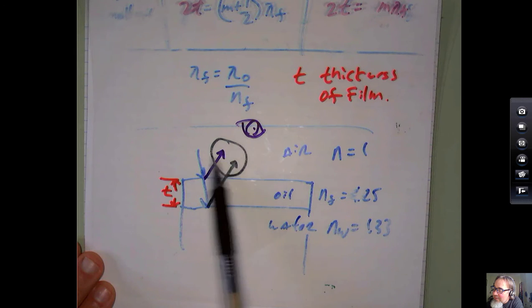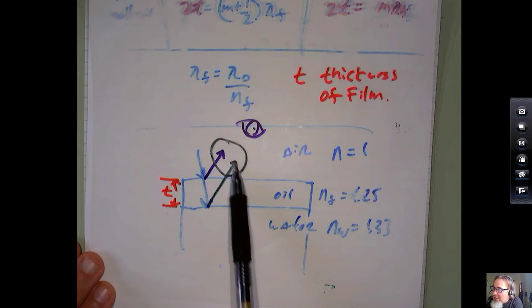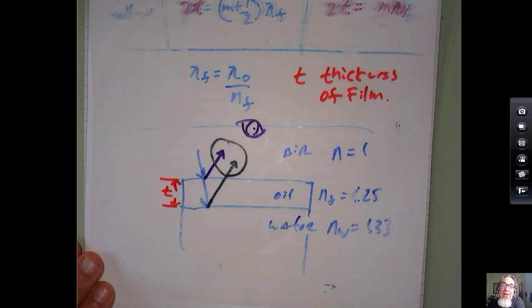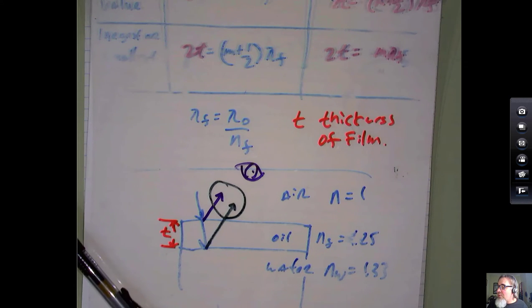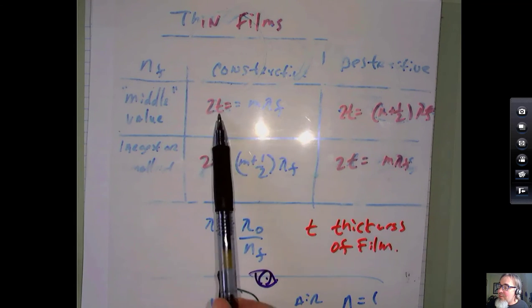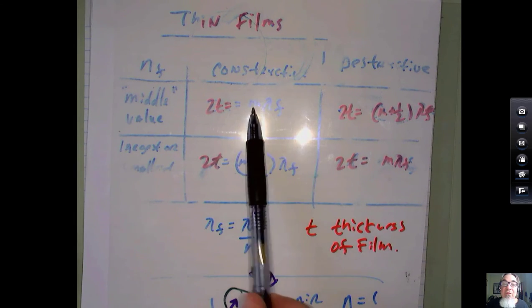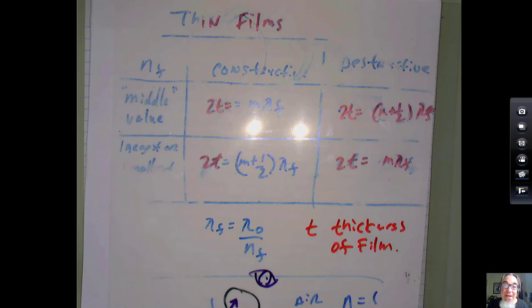So this ray has undergone a 180 phase shift. This one has undergone a 180 phase shift. So those effects are in sync. So 2 times t has to be equal to a multiple of the wavelength in the film for that to happen.